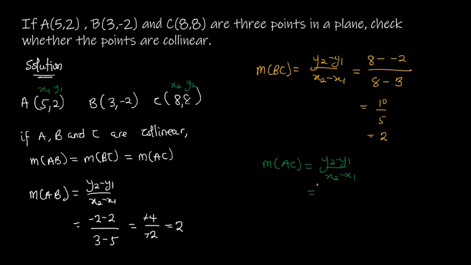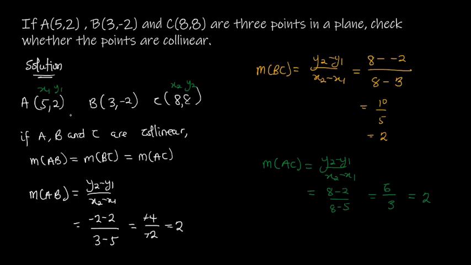So this is equal to, my y2 is 8 minus my y1, which is 2, on my x2, which is also 8, minus my x1, which is 5. So I have at the top over here 8 minus 2, that will give me 6, on 8 minus 5, that will give me a 3, and 6 on 3 will give me 2.